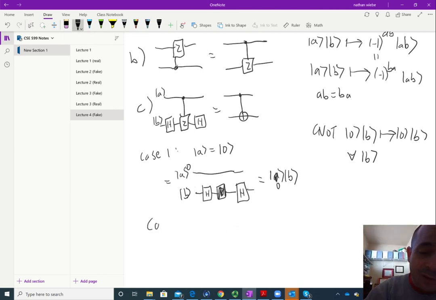Now, let's look at the other half of the cases. Case 2, A equals 1.